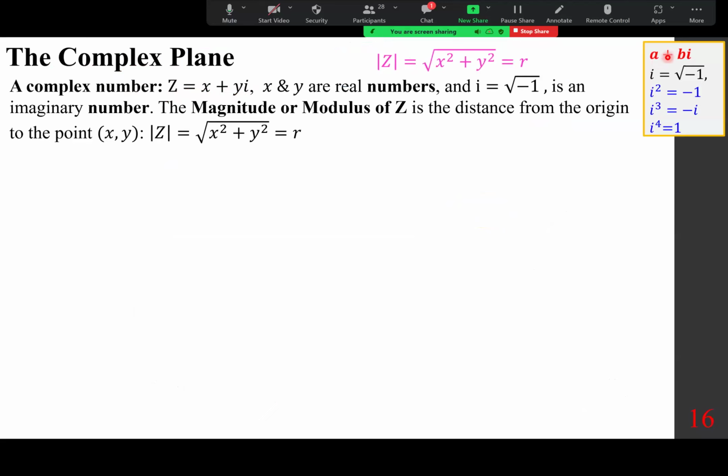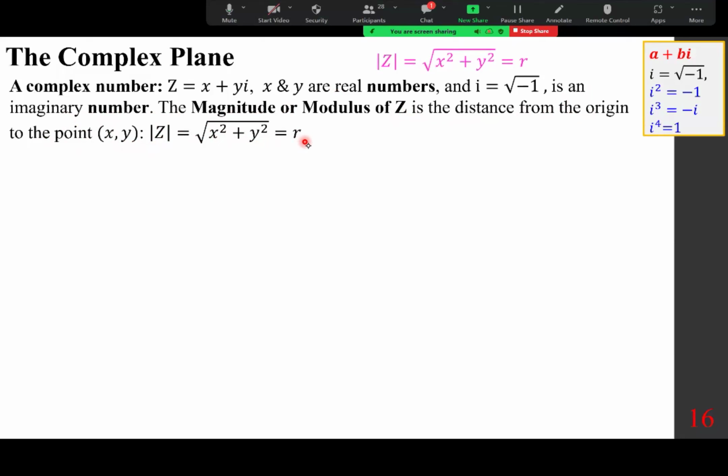That's the same concept. x and y are real numbers. i is square root of minus 1, and it's an imaginary number. The magnitude or modulus of z is the distance from the origin to the point x comma y. We write it like an absolute value. That's the modulus, or the magnitude of z, square root of x squared plus y squared, or r.